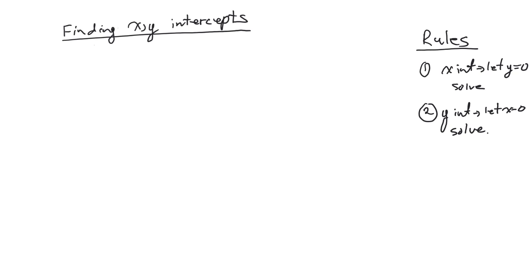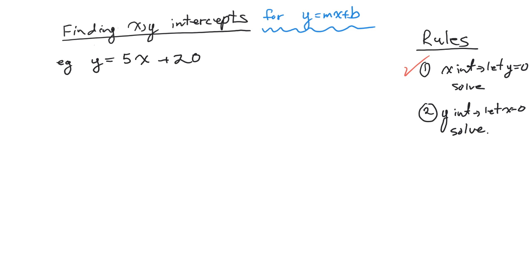Let me give you an example. So imagine we have y is equal to 5x plus 20. Now, if I want to find the x-intercept, I'm asking you to clearly state that you're looking for the x-intercept, which means that our y is equal to 0.